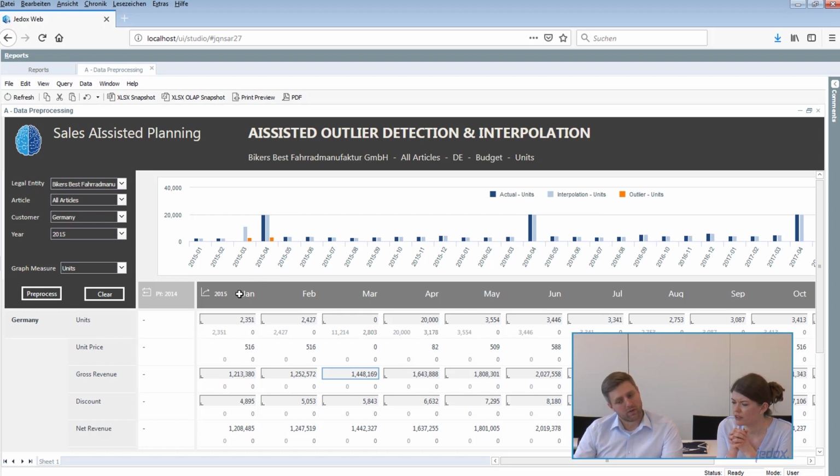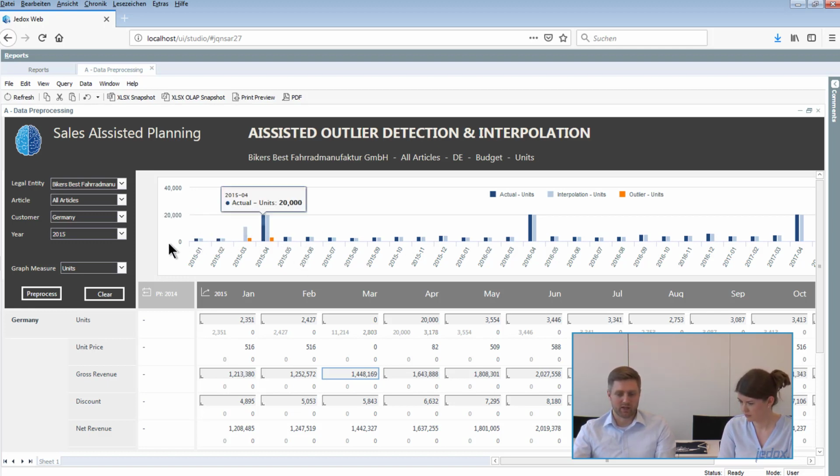So wait a minute, how can I actually understand interpolation? Is that just kind of filling the gaps? It's an intelligent, optimized way of filling gaps. So it finds a gap, and there are different options in the web service for doing interpolation, but one of the options is that it looks at the values before the gap and behind the gap, and then tries to fit in this curve.